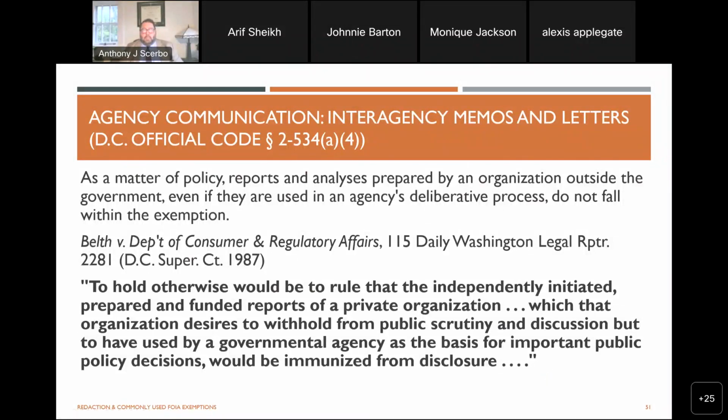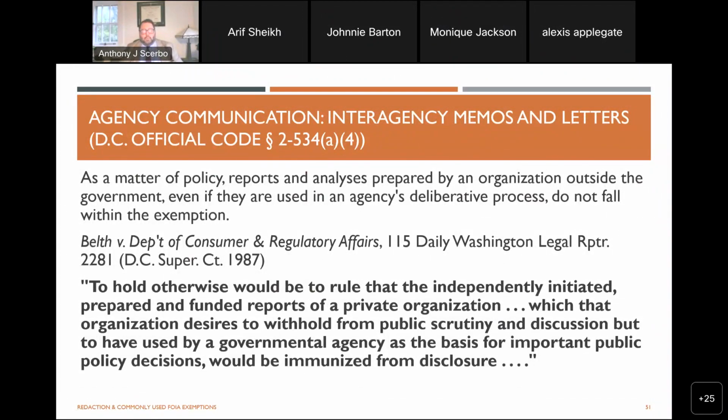As a matter of policy, reports and analyses prepared by an organization outside the government, even if they're used in an agency's deliberative process, do not fall within the exemption. And I'm going to read this quote from Belth v. DCRA from about a quarter century ago.